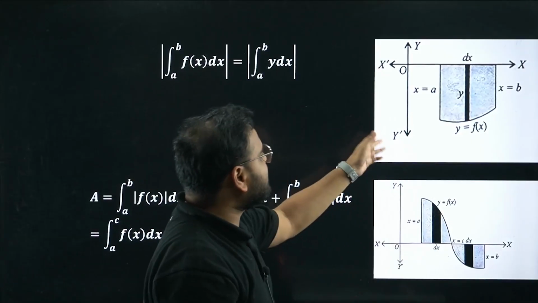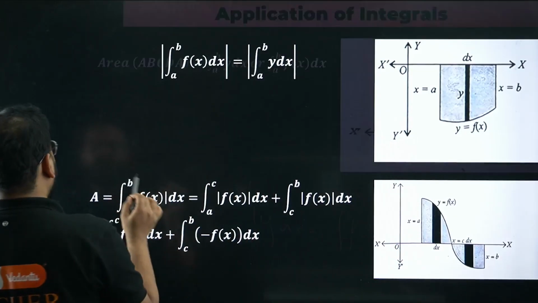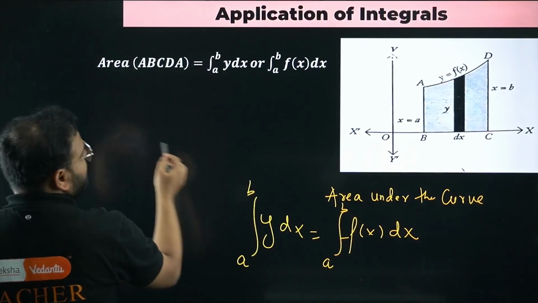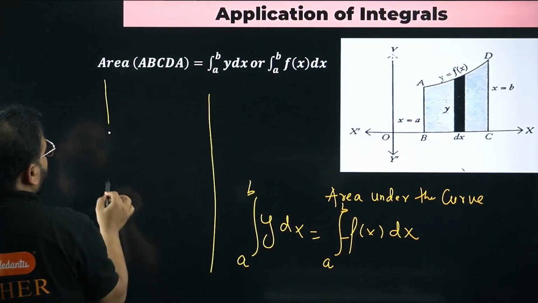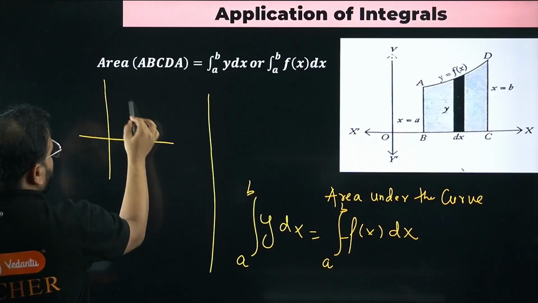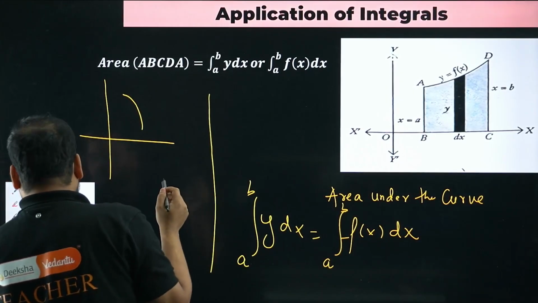Again, the function can also be changed in terms of y. Let me show you over here only. I can take a function, same thing, bacha. If I have, let's say, a case like this, this is a function and I'm trying to find the area. I can mention the extremities now in terms of y as well, right?